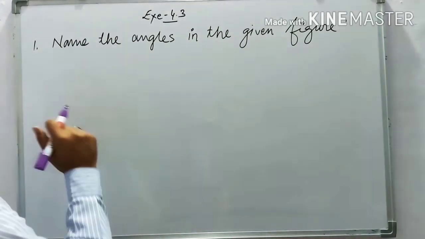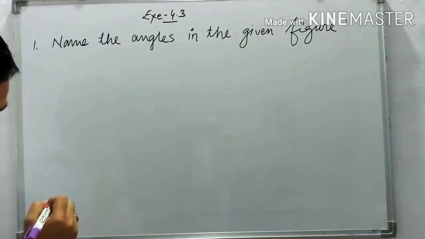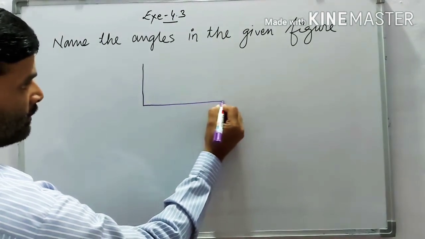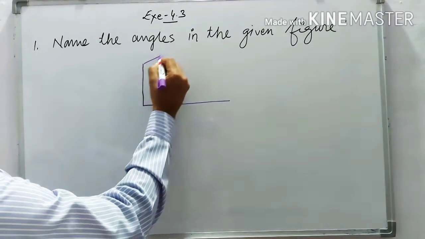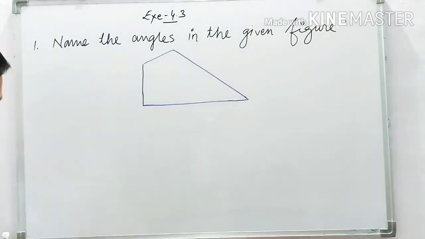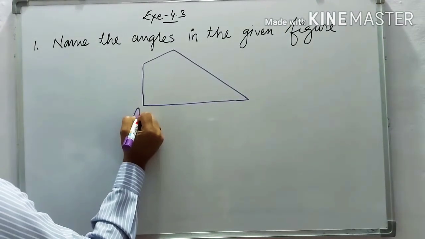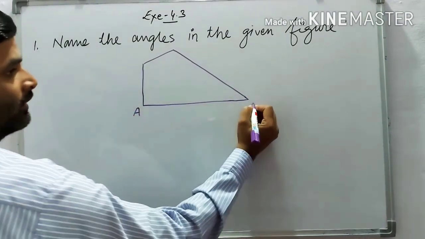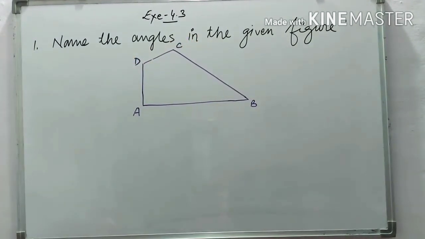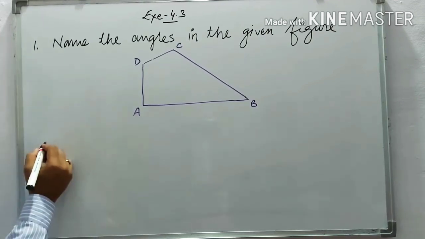The figure has four sides and points A, B, C and D. One angle is made by a minimum of two sides, and we write the name of the angle.